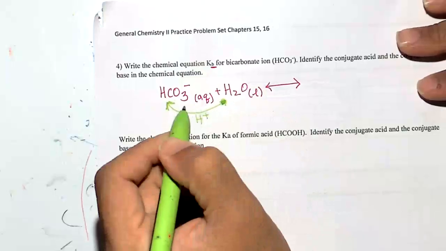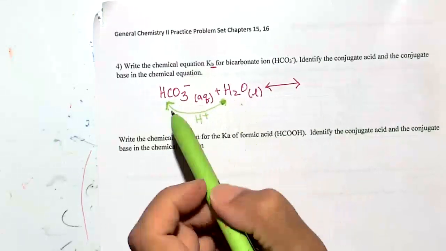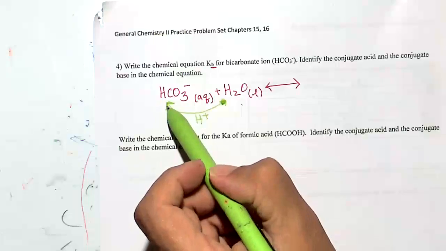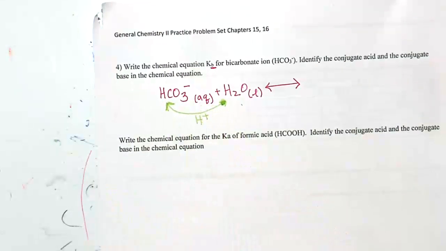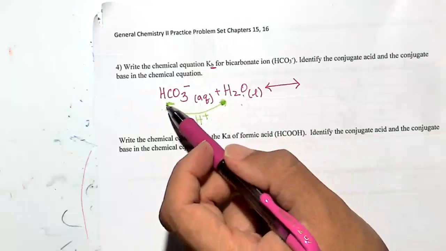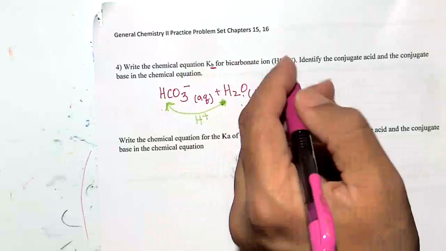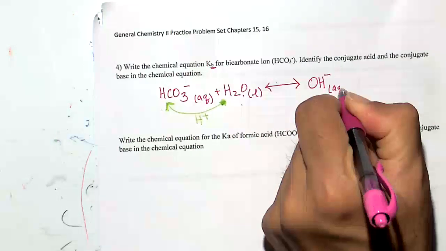What do acids do? Donate. So who gives protons? Acids. Who takes the protons? Bases. Bases are the taker, acids are the giver. And now when bases take the proton, you're going to get OH minus.